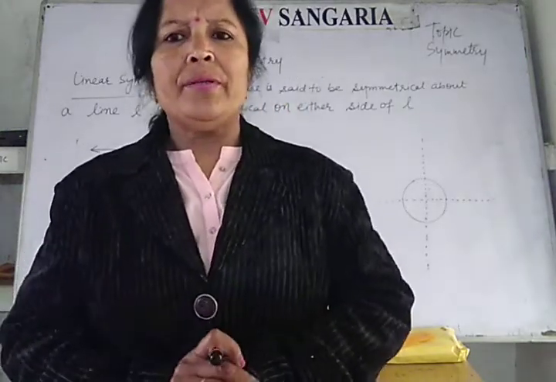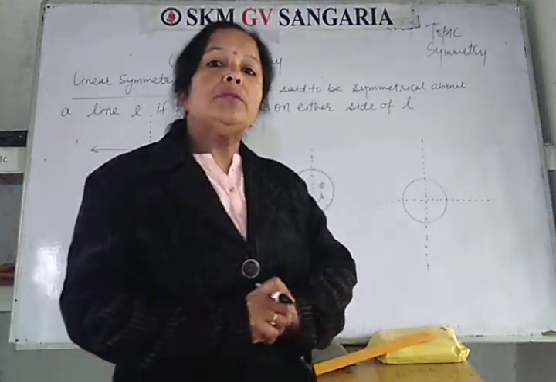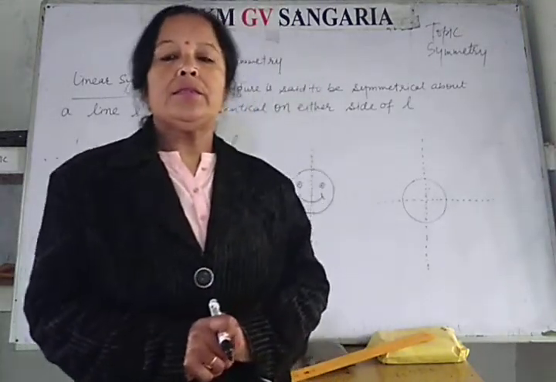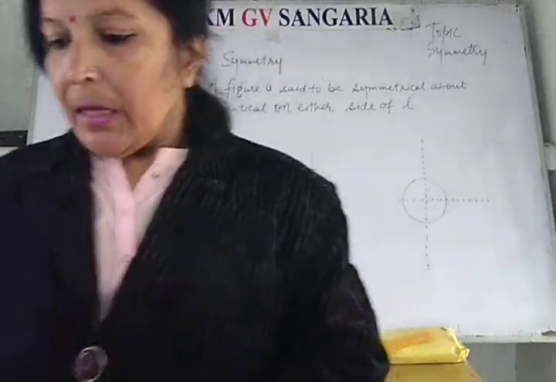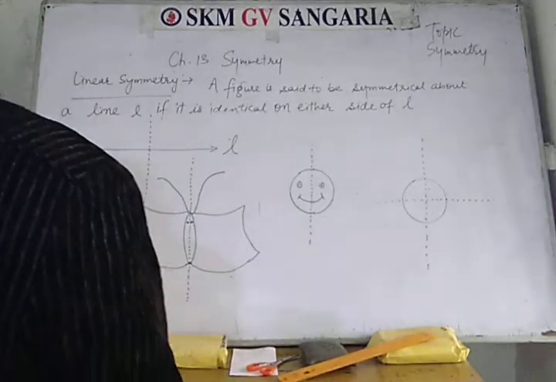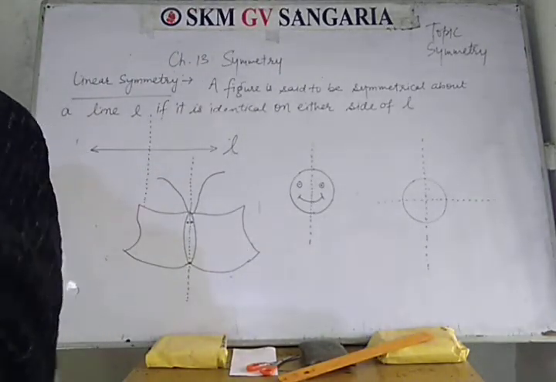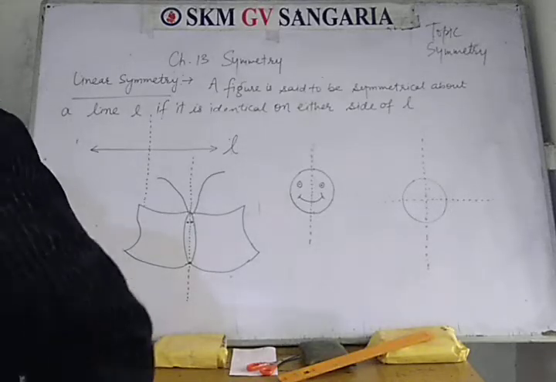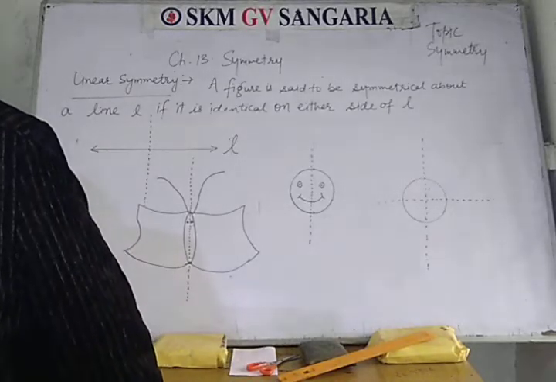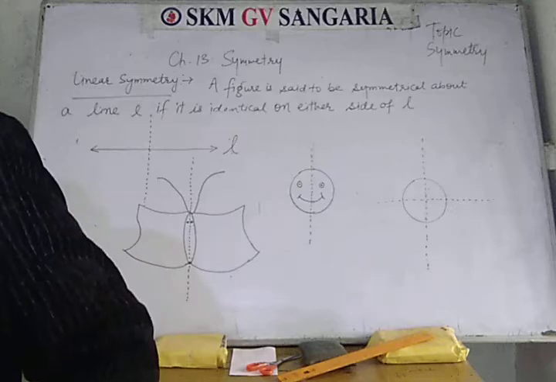There are many examples related to symmetrical objects from your surroundings. So question number 1, what will you write in that? You will write some of the symmetrical objects: pair of scissors, blackboard or whiteboard, tabletop, and electric bulb.